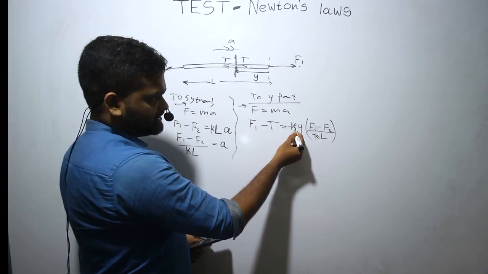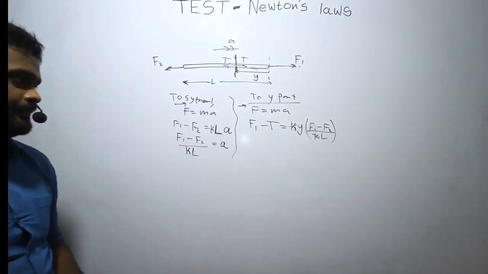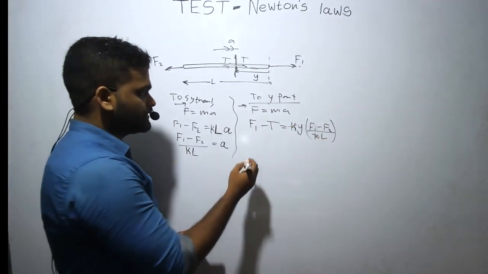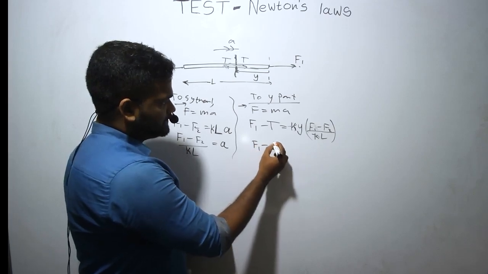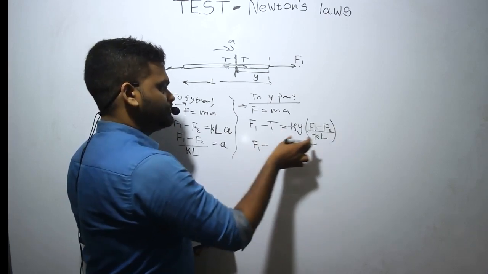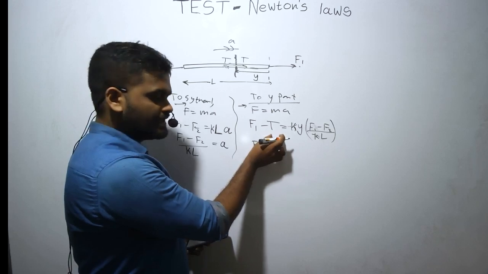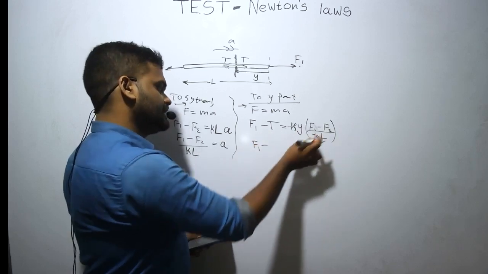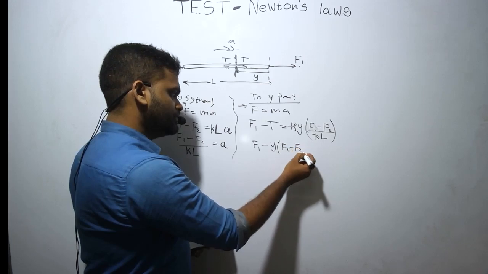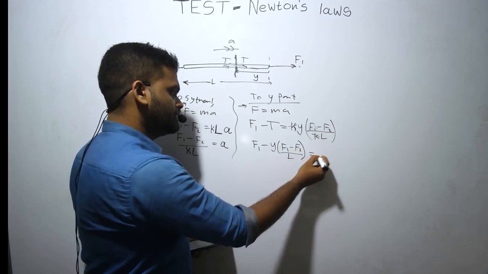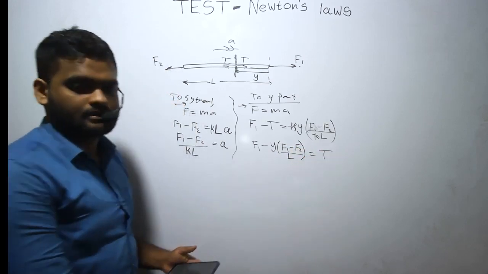Do you understand that k cancels off, right? Then F1 minus, I'm putting T to the other side because you need to single out T. Then here becomes y times F1 minus F2 divided by L. It is equal to tension, T.